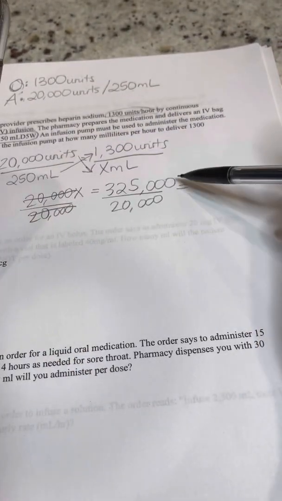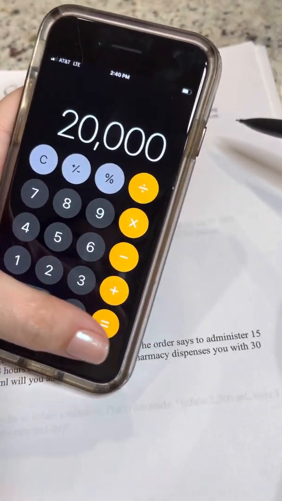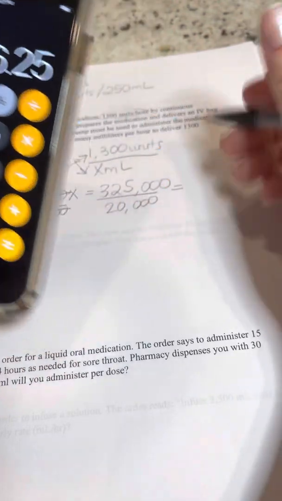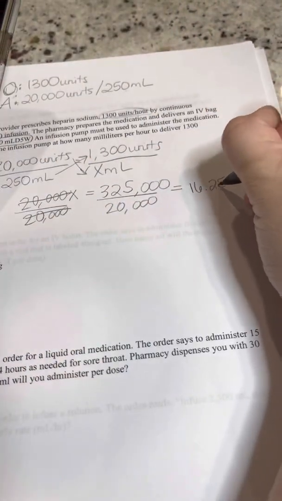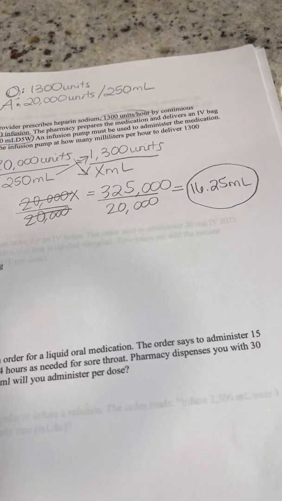So 325,000 divided by 20,000 equals 16.25 mLs. All right, next one.